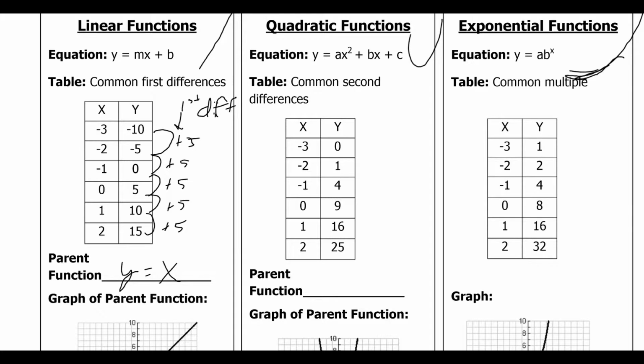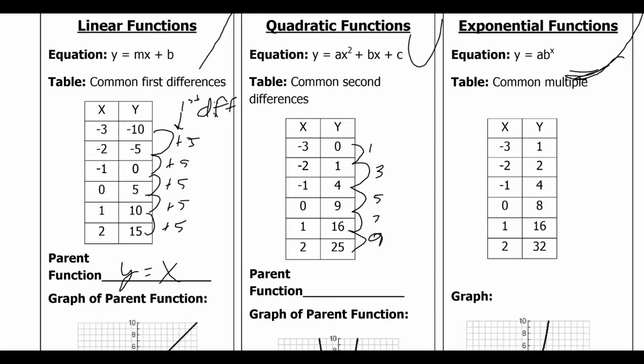That one's important. Now with quadratics, they have a common second difference. So what we do is take the first difference on each of these. That's going to be 1, 3, 5, 7, and 9.